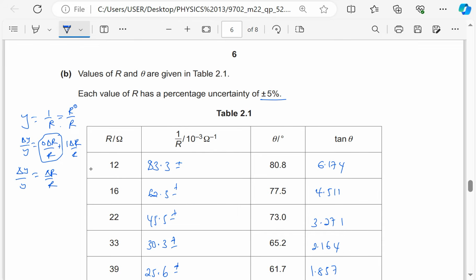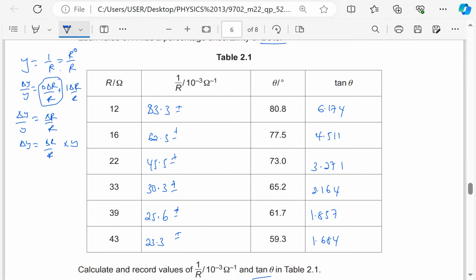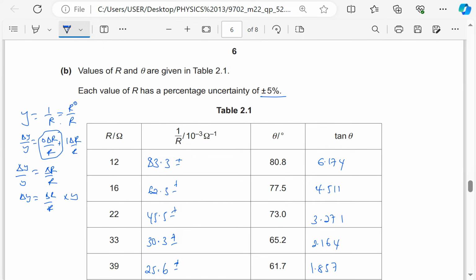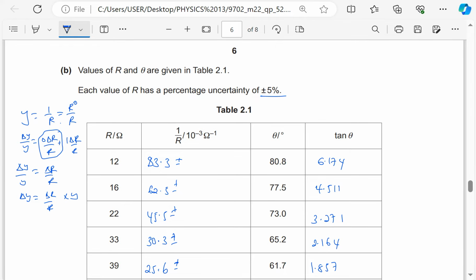So if I want the absolute uncertainty in y, it is going to be the fractional uncertainty in r over r, and then I multiply this by y. I have to change the percentage to absolute, so I multiply by y.